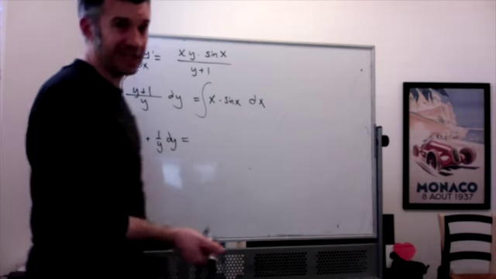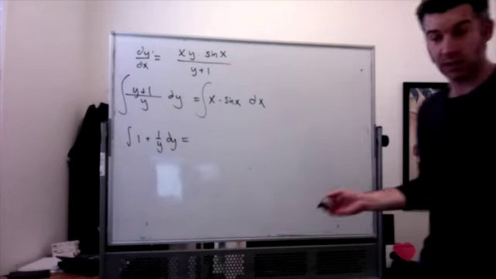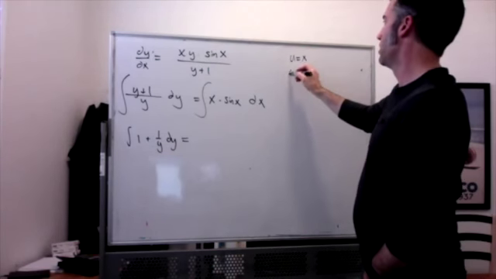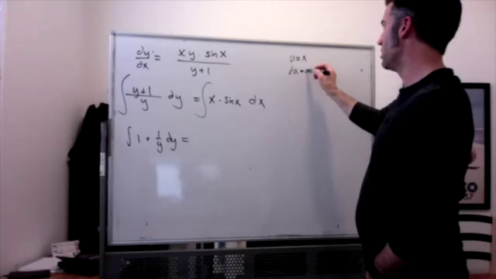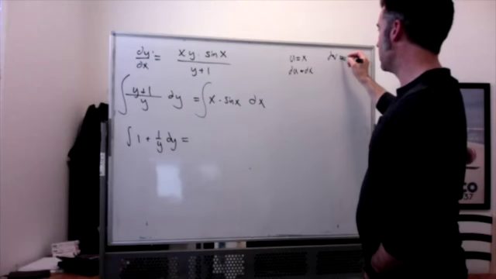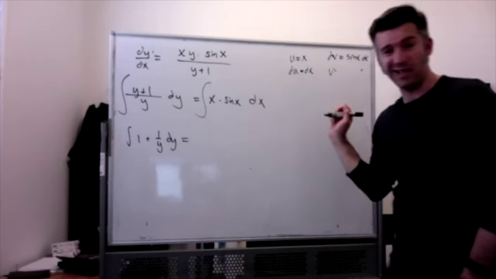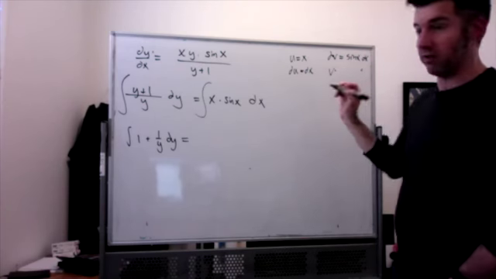Equal to, okay, the right side is a little terrible. We're going to have to do integration by parts. So we're going to let u equal x, du is dx, dv is sine of x dx. And the antiderivative of sine of x is negative cosine of x.